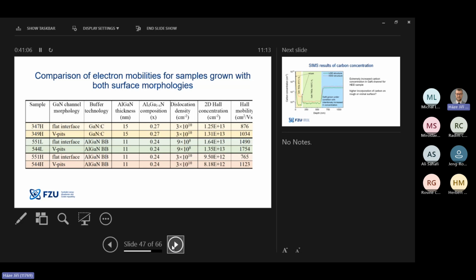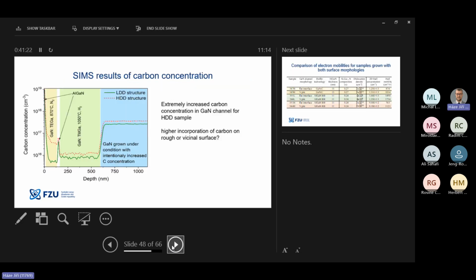I thought that higher dislocation density might not work because there will not be enough flat space around, but it worked even for those structures. And I would say I'm pretty sure that it is because of the V-pits, because we have also sent the structure for SIMS measurement to measure the carbon concentration.